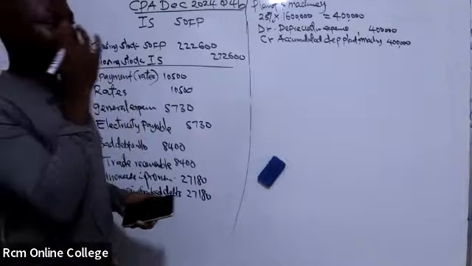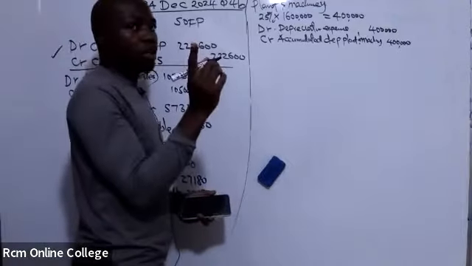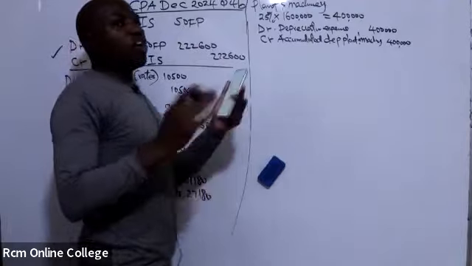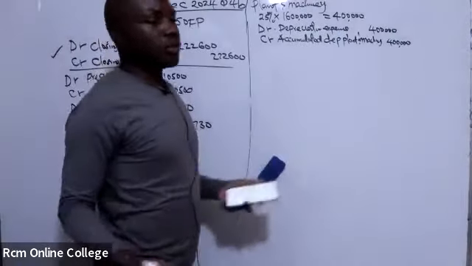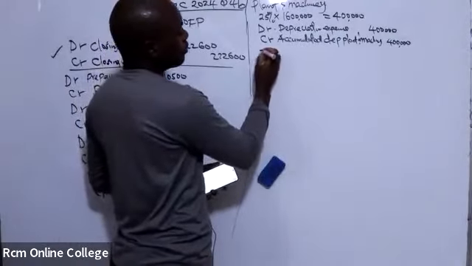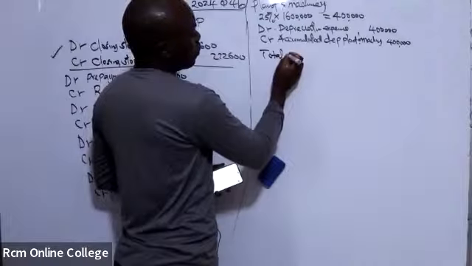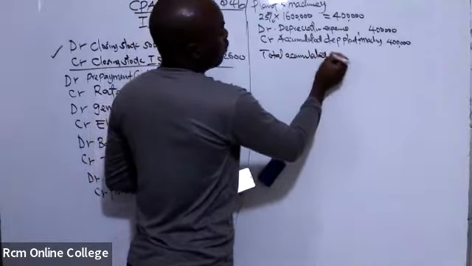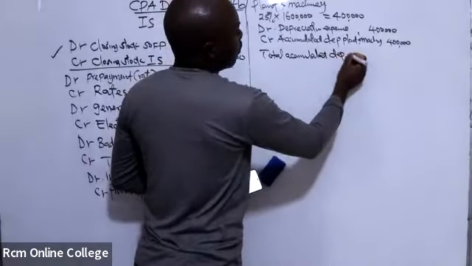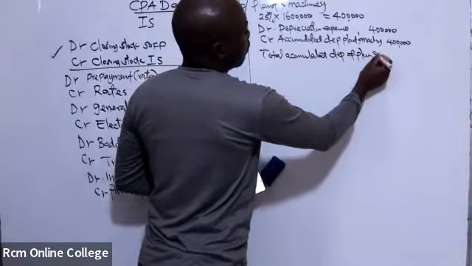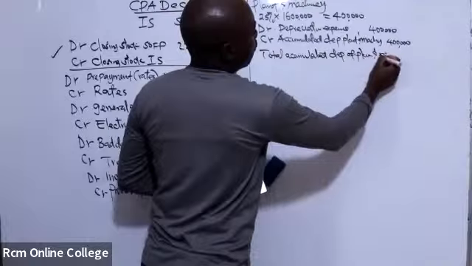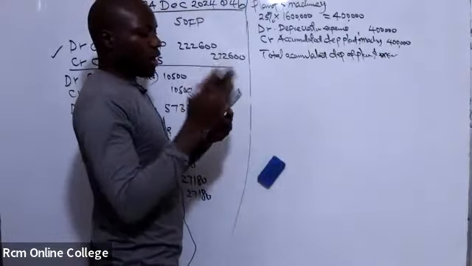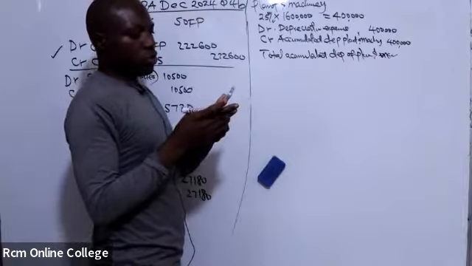So are we able to get the net book value? Yes, we are able to get that. Look at the opening accumulated depreciation of plant and machinery.